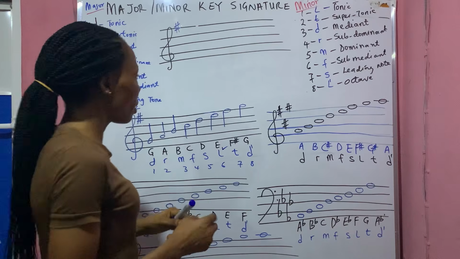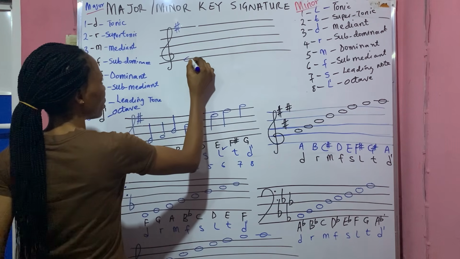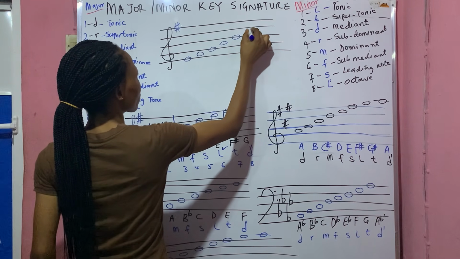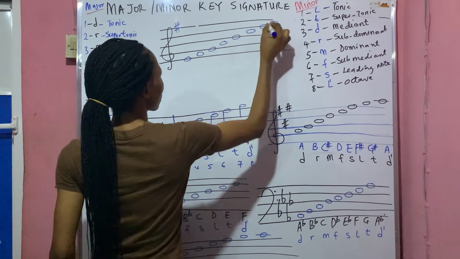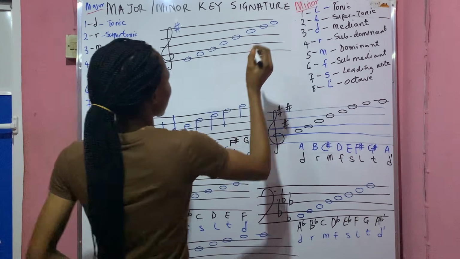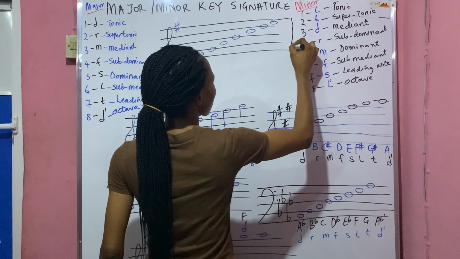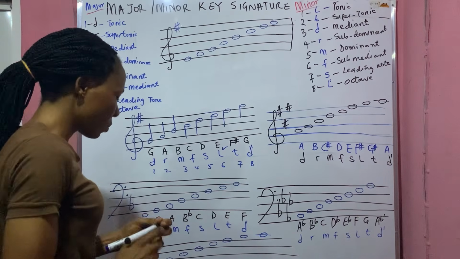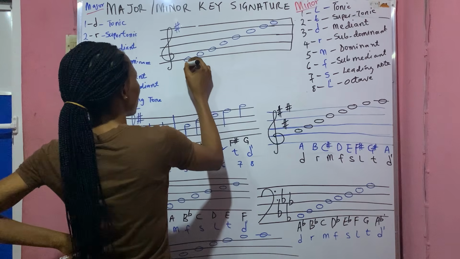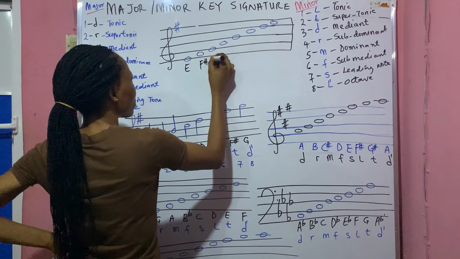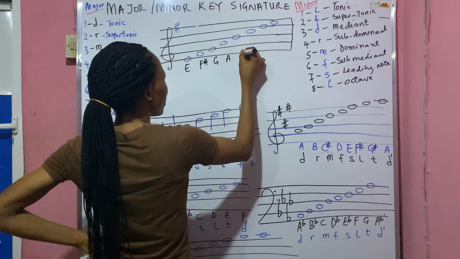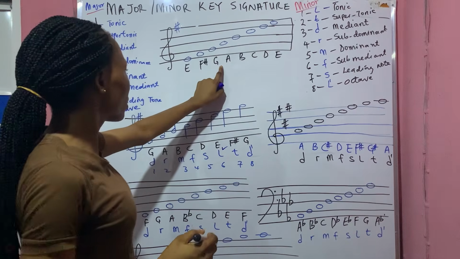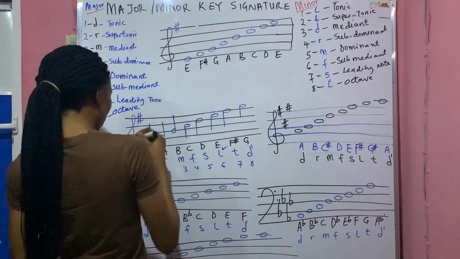So now in the scale of E minor, we have E, F sharp, G, A, B, C, D, and E. Now can you see G now becomes the mediant, the third degree.